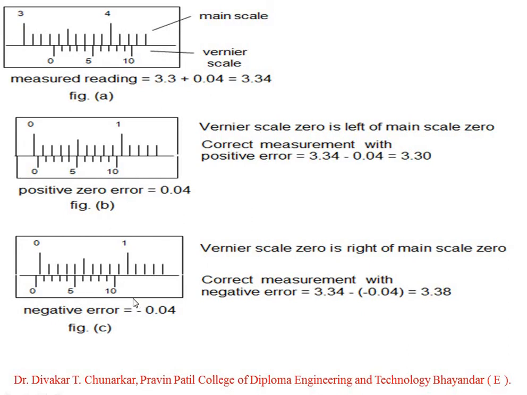Then negative error. Suppose when we fix both jaws completely with each other, at that time the vernier scale line goes on the left side. At that time there is negative error.